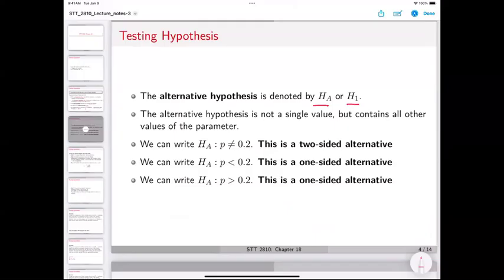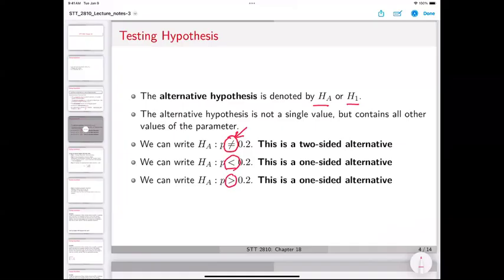It's two-sided only if it is not equal to. It's one-sided if it is less than or greater than.